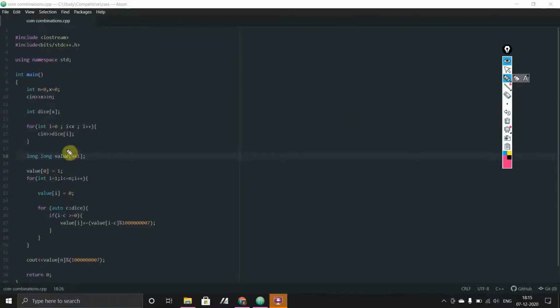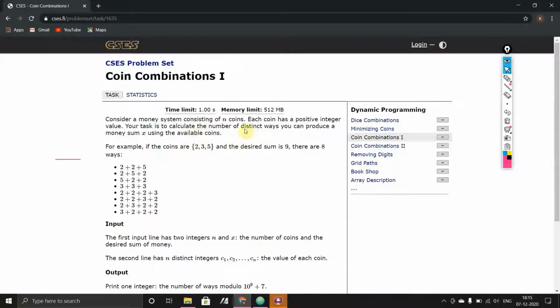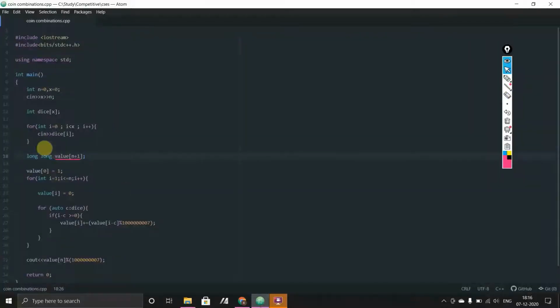So yeah, continuing, a long value of I. Again, this will be that array that we talked about, the array on which the recursive algorithm will be performed. Basically the array in which you will store the number of distinct ways in which you can produce a money sum I using available coins, where I is the ith index of the array.